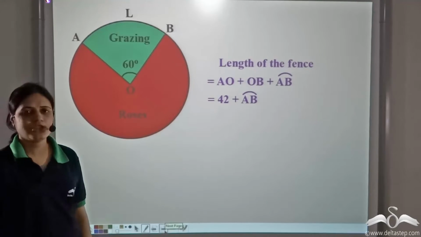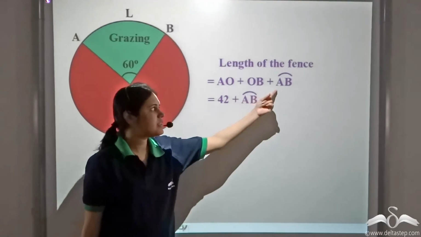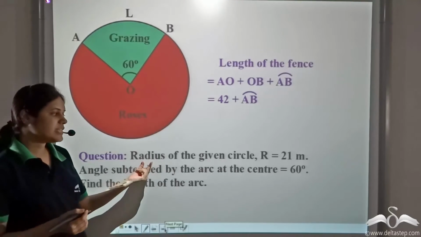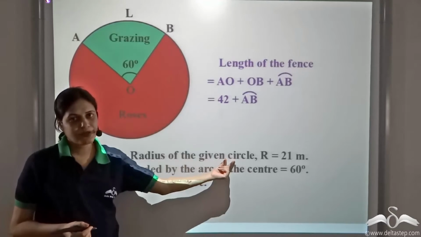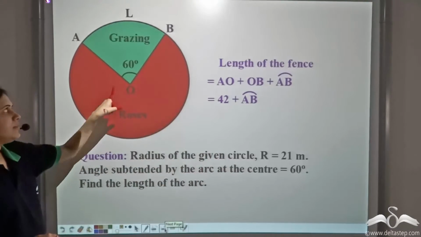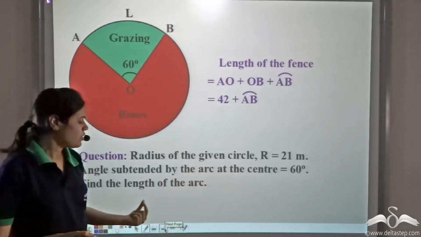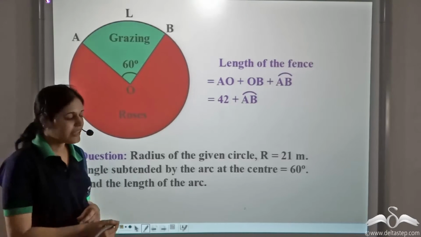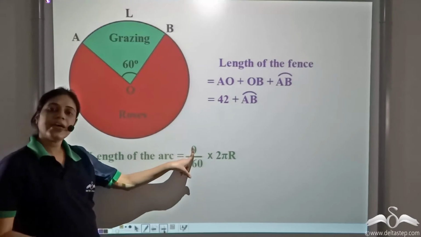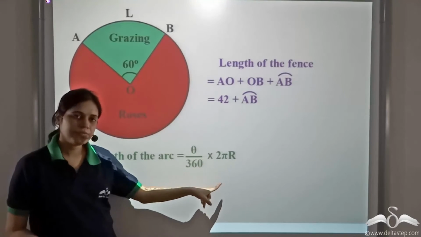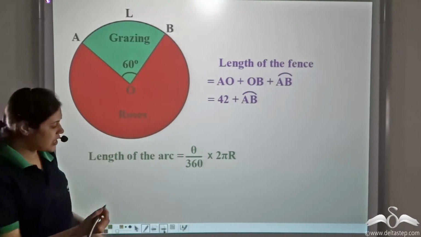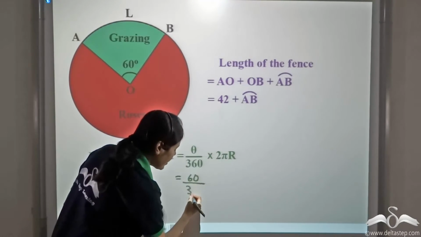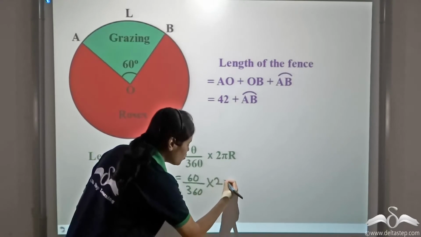Now coming back to our question, can we find the length of this arc AB? Well, the radius of the circle is given as 21 meters. The central angle is given as 60 degrees. So find the length of the arc AB. The length of an arc is given as theta by 360 into 2 pi r. What is theta here? The central angle. It is equal to 60 divided by 360 into 2.